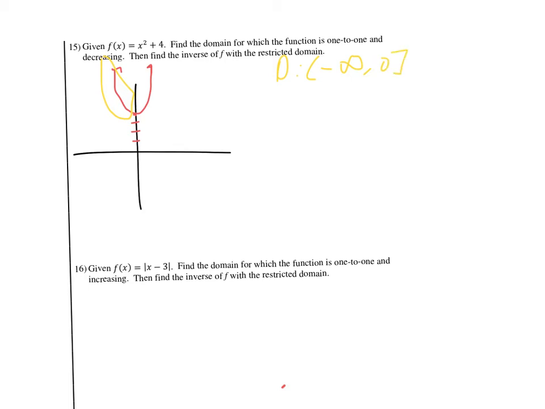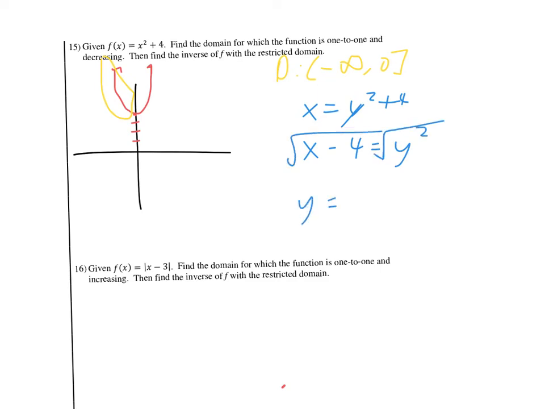Okay, so now we're going to find the inverse of f with that restricted domain. If I take this function and I switch x and y, x equals y squared plus 4, and then I isolate y, so I subtract the 4. x minus 4 equals y squared, and then we square root it.